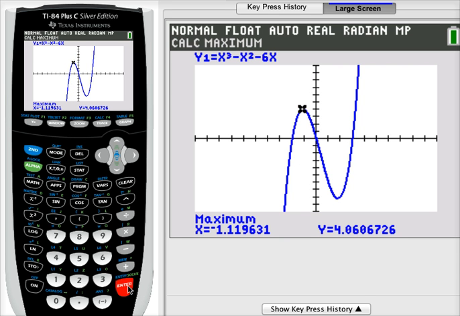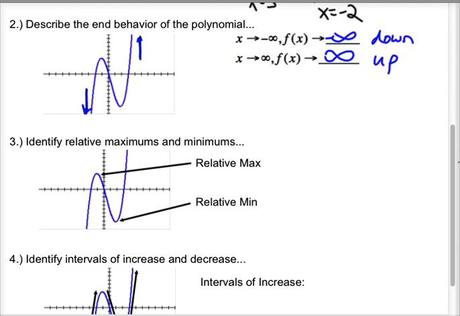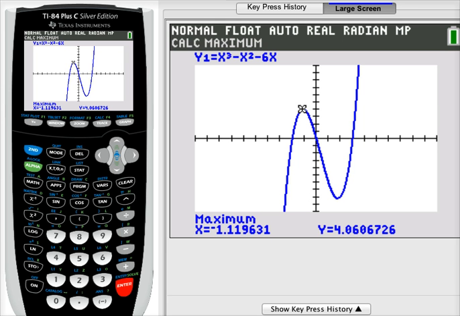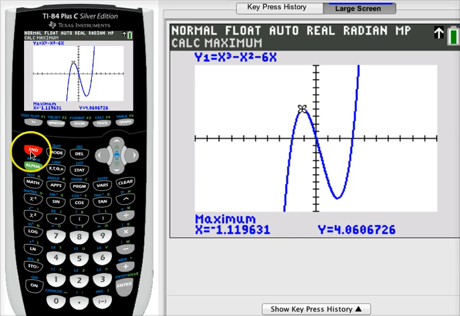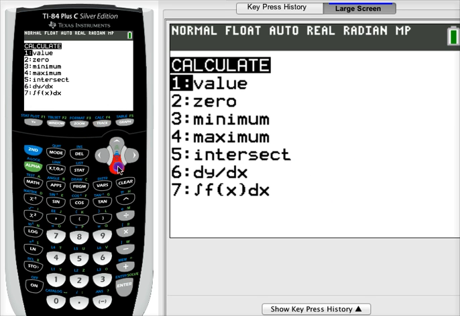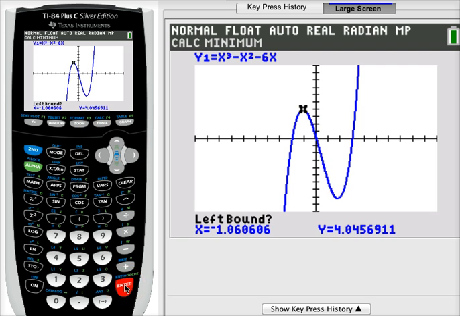It's telling me that the relative max is at x of -1.12, and I'm sorry, I forgot to look at the y value for that, and 4.06. So that's the point of the relative maximum. So let's look for the point of the relative minimum. So I'm going to go back into calculate again. This time go to minimum.